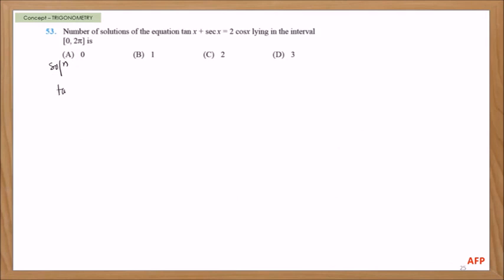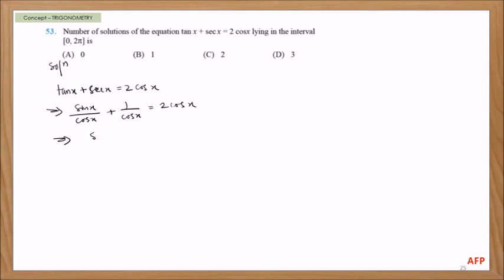Solution: tan x equals 2 times secant x. So if you simplify, sin x over cos x equals 2 times 1 by cos x.